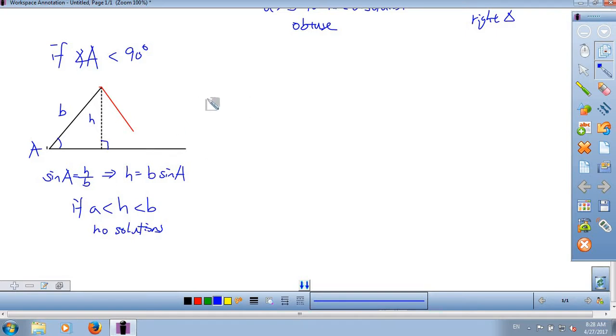Let me draw another one so you can see it a little differently. So this is angle A. Let me draw the height of the triangle. This is angle A, this is side B, this is side H. It's the right angle. Now what happens if side A, the opposite side, is equal to H?